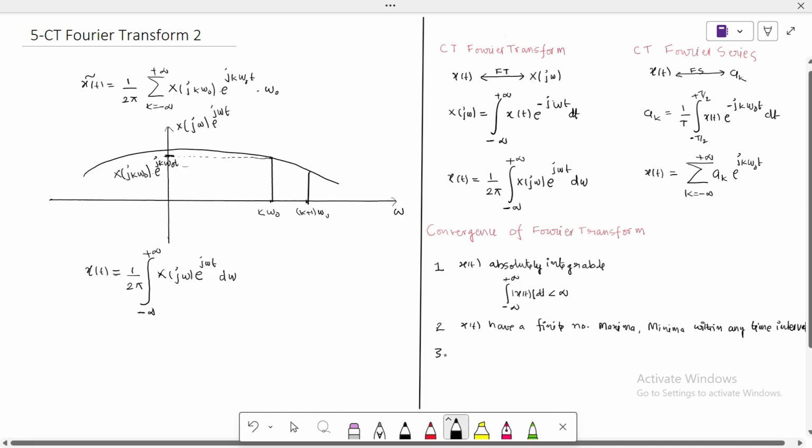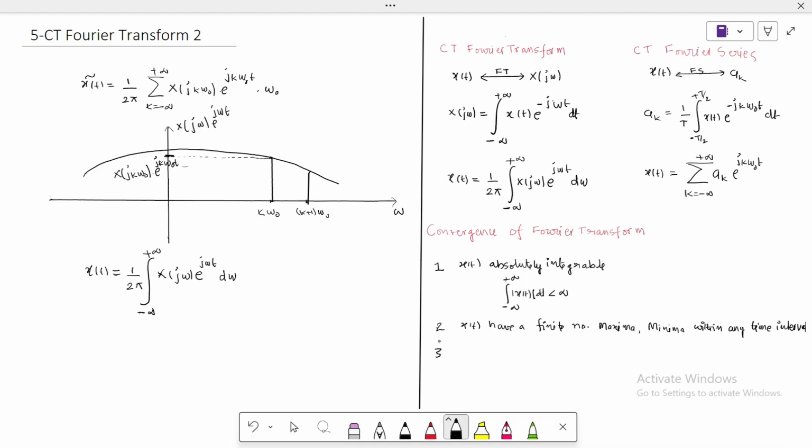The third one is discontinuities. It should have a finite number of discontinuities.